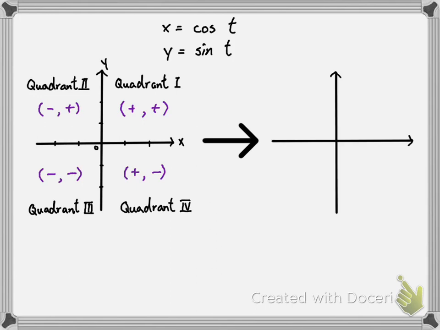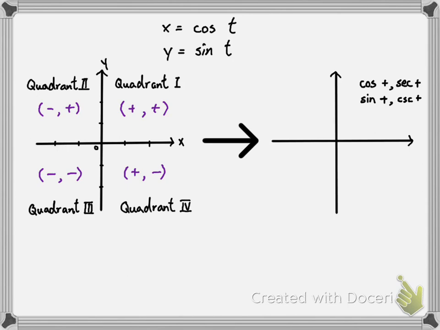In the first quadrant, the cosine function is positive. That means its reciprocal function, secant, would also be positive. Sine is positive, therefore its reciprocal function is also positive.